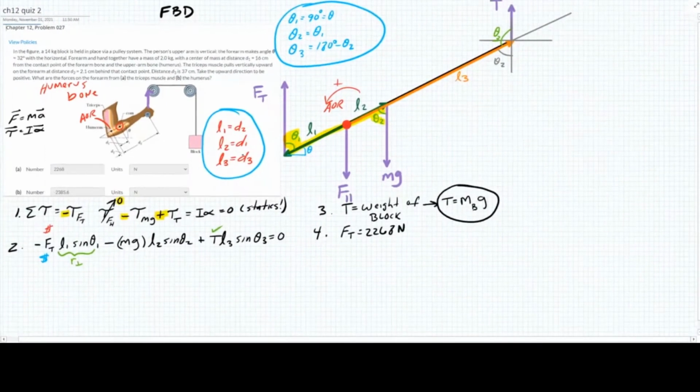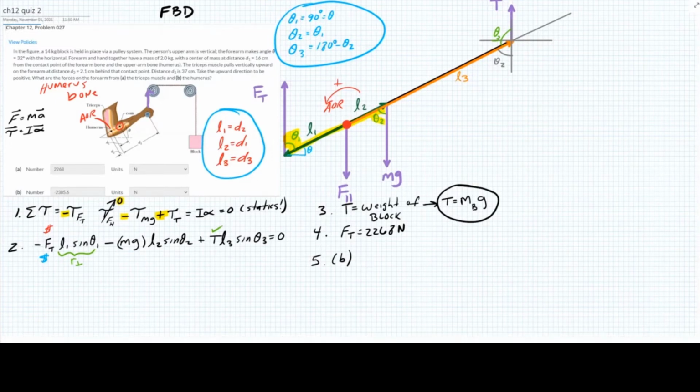I know you guys still might be calculating. Let me just lay out a game plan for part B and then unleash you guys. For part B, we're saying what's the humerus? So what's FH? What is the force acting on the forearm from the humerus?